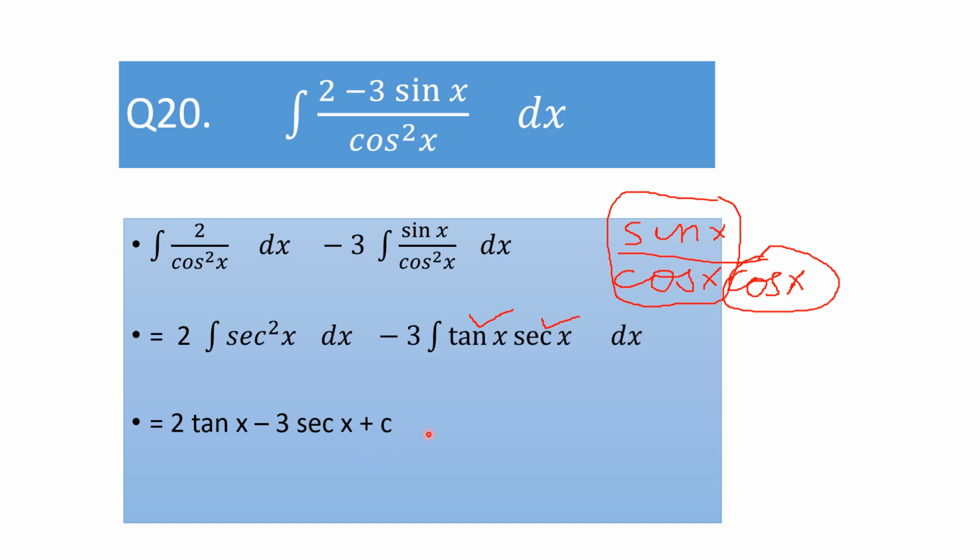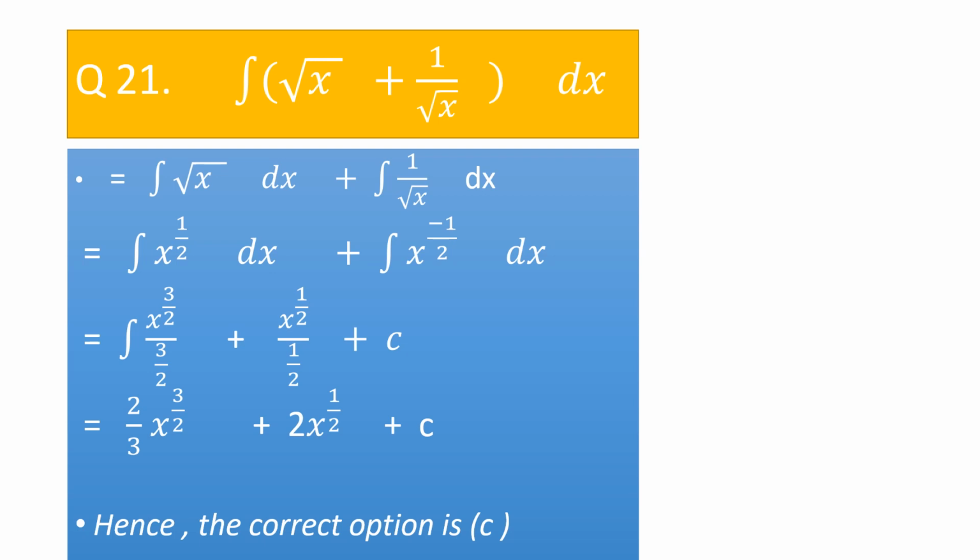Okay, very simple. Now, question number 21 states that the antiderivative of under root of x plus 1 upon under root of x equals, and you are given 4 options here. Because you are being asked the antiderivative, what is the antiderivative? It is basically the integration. So you have to calculate the integration of the given expression. So it is integration of root x plus 1 upon under root of x.